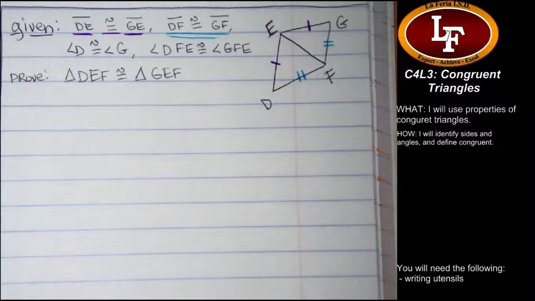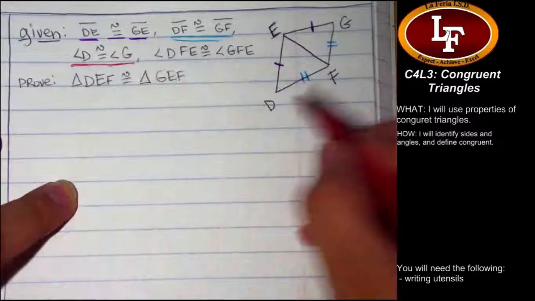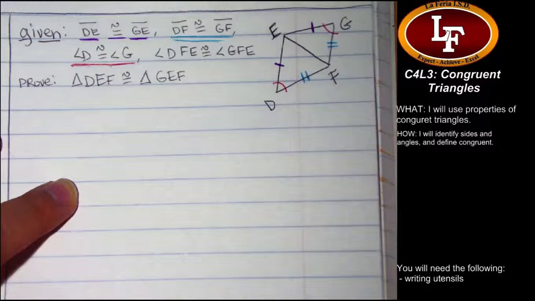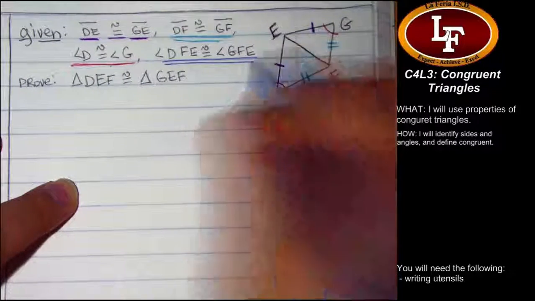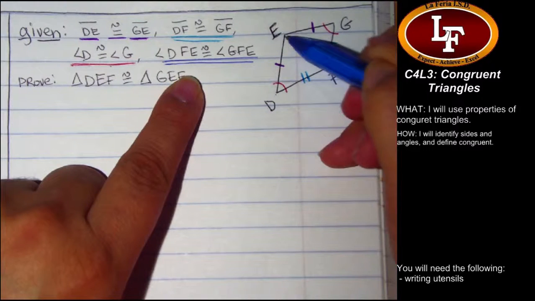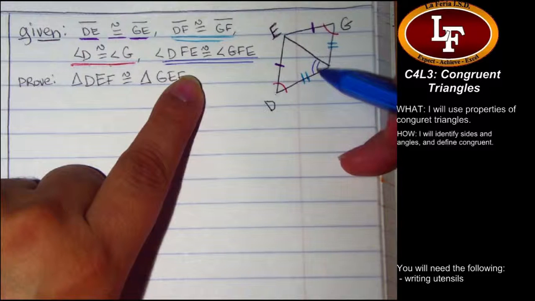Now I'm going to work with the angles. One line for my first pair of angles, D and G, and two lines for my next set of angles. Now this first angle says D, F, E, and so it's this one right here. My vertex is always in the middle.